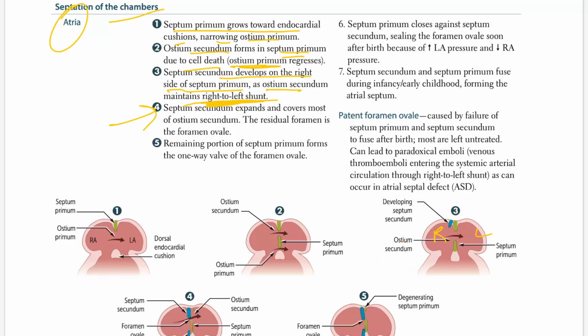Moving on with the fourth point: the septum secundum expands and covers most of the ostium secundum. The residual foramen is going to be called the foramen ovale.